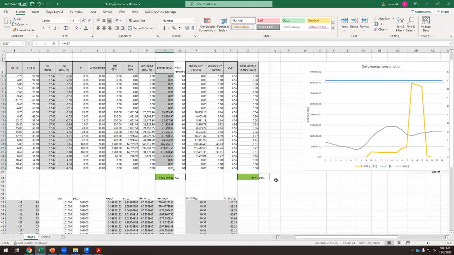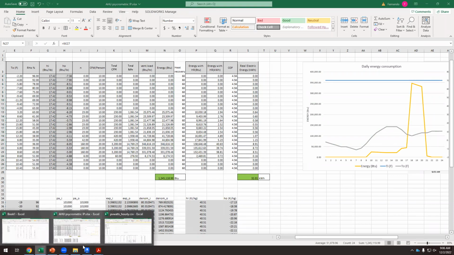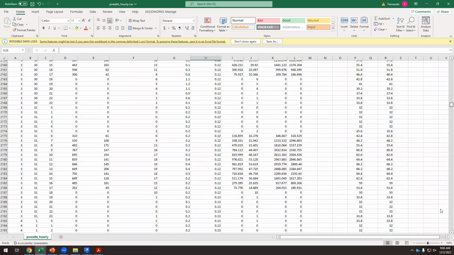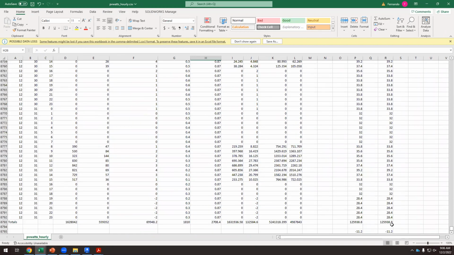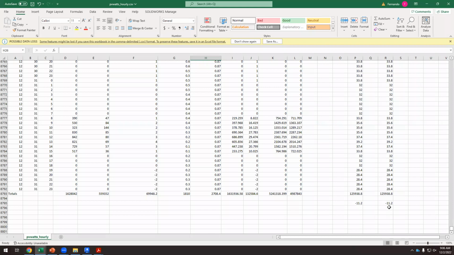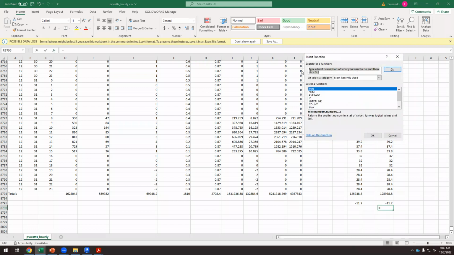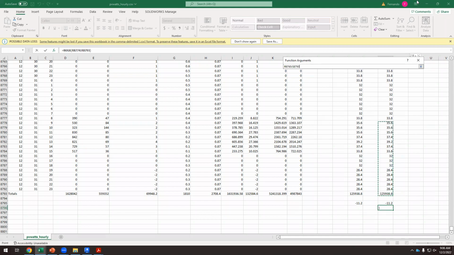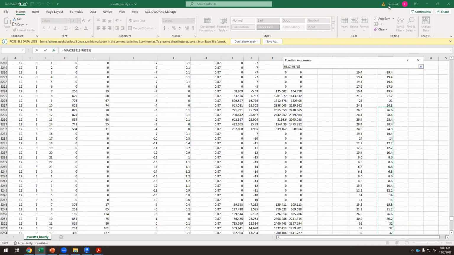Okay, so now you have to do the same, but in the summer. So in summer, you will have to find the hottest day. And what is the hottest day? Instead of minimum, I want to find the maximum. Here you have max. Okay, so we have to select all these numbers here.